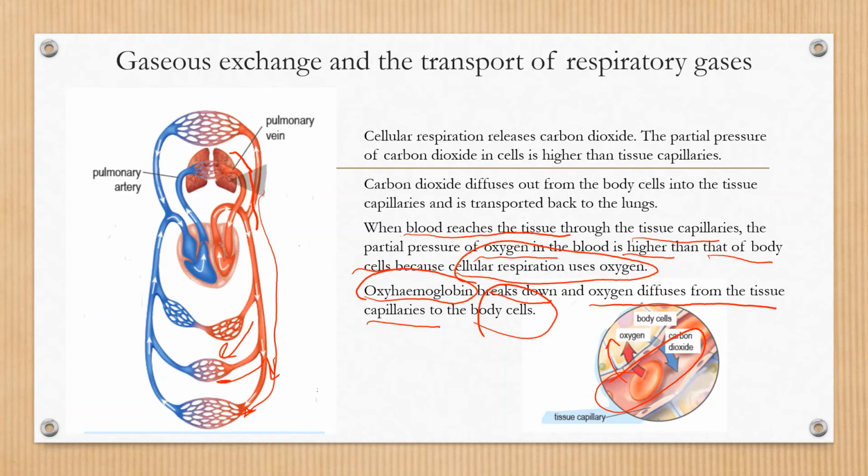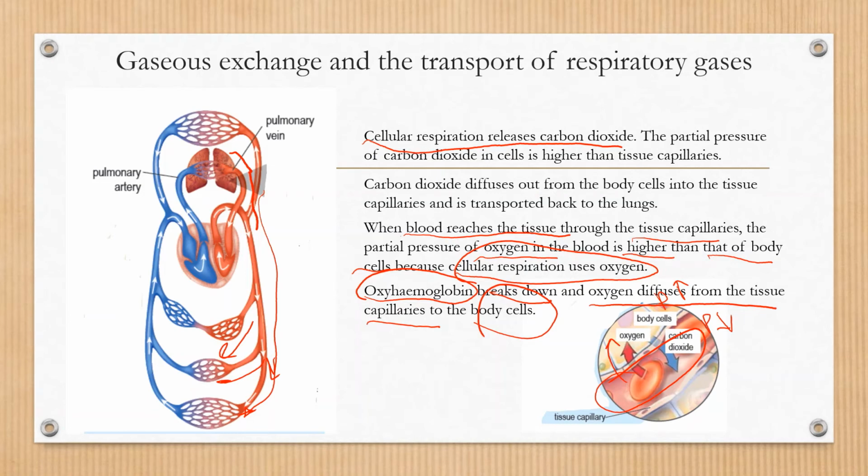For carbon dioxide, it will be the opposite because cellular respiration releases carbon dioxide. That is why in the body cell, the partial pressure of carbon dioxide is higher as compared to the partial pressure of carbon dioxide in the tissue capillary.